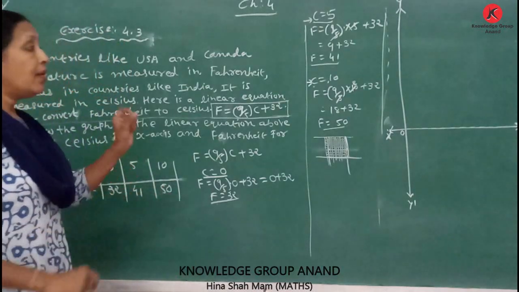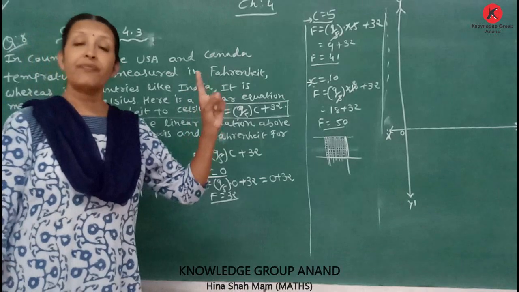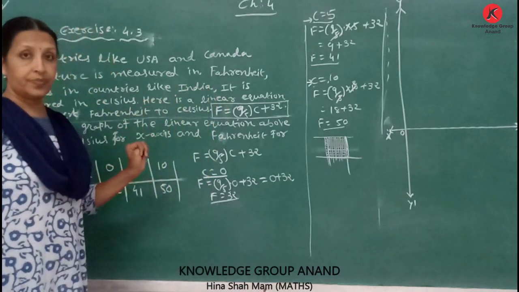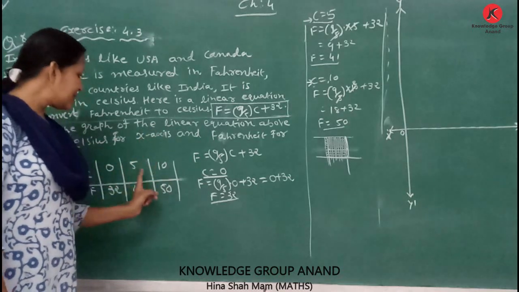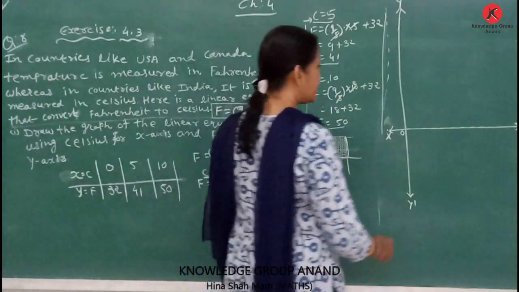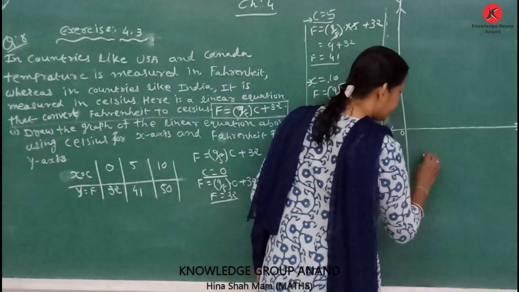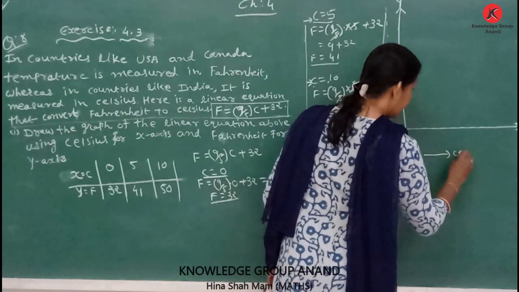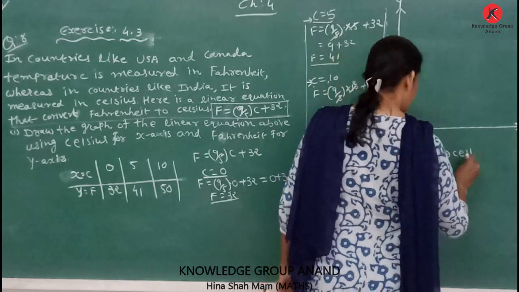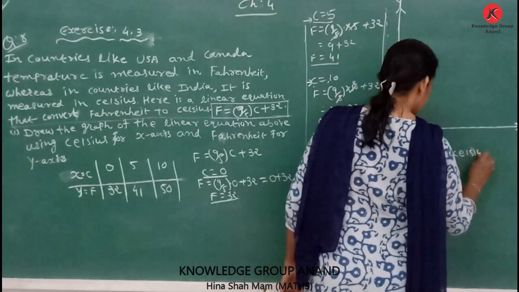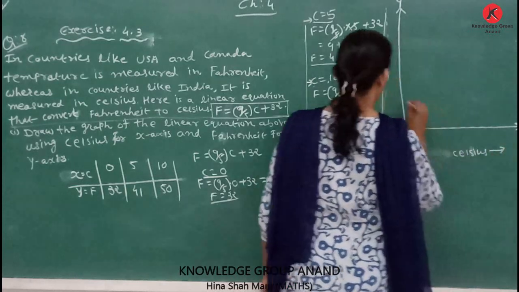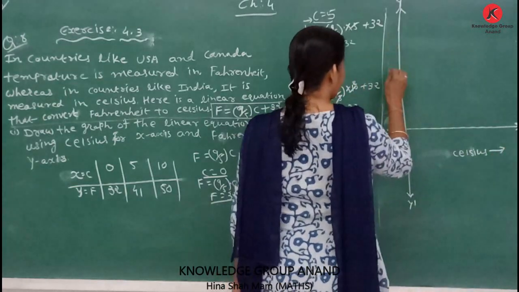Therefore, we take on y-axis 1 centimeter is equal to 10 Fahrenheit, and on x-axis 1 centimeter is equal to 5 Celsius. Here Celsius, and here is Fahrenheit.